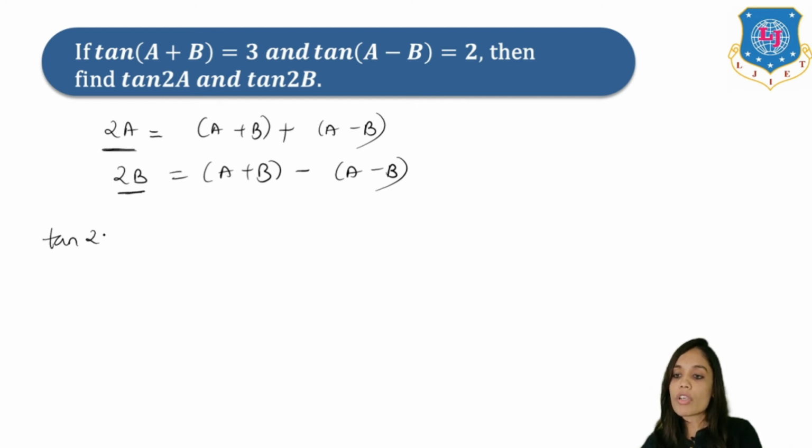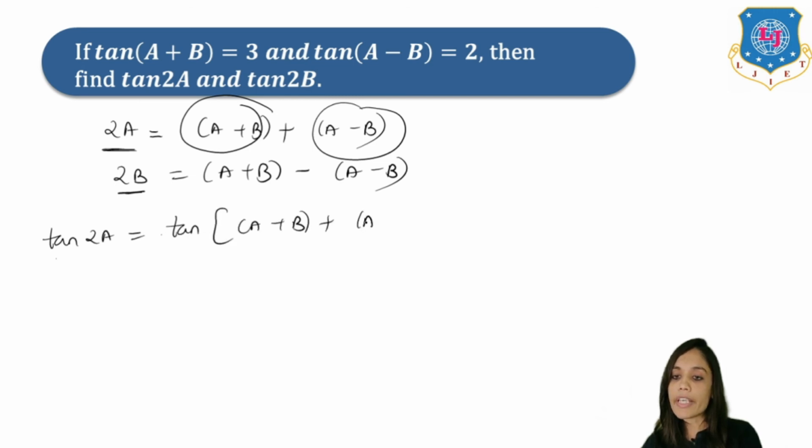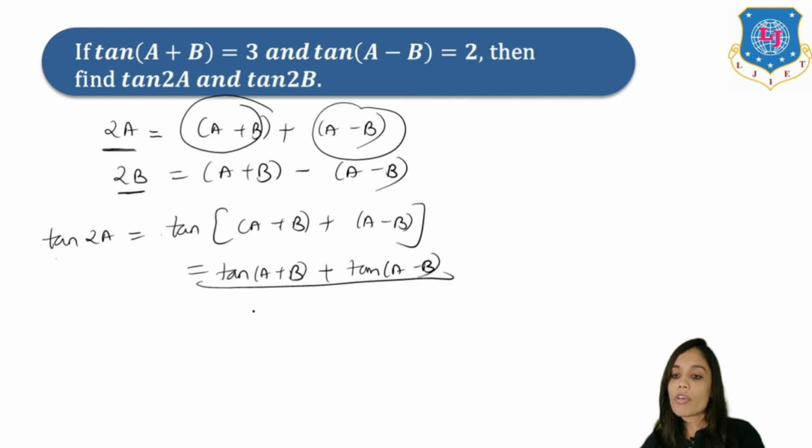So now write the formula of tan 2a. So this is our alpha, this is our beta. So tan of (a plus b) plus (a minus b). Just use the formula of tan(alpha plus beta). So we will have tan(a plus b) plus tan(a minus b) upon 1 minus tan alpha tan beta.